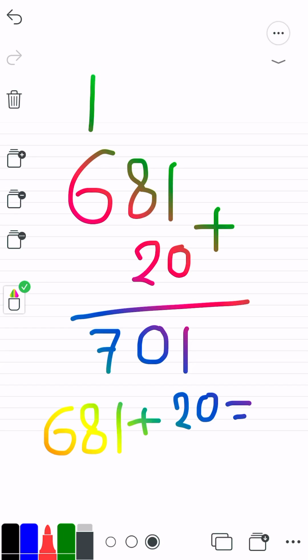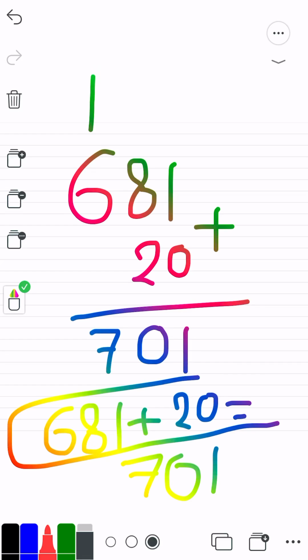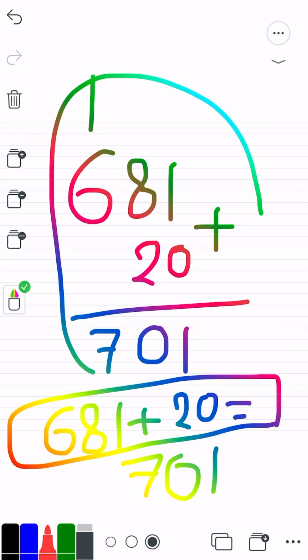Now after 90, we have 100. So 91 plus 10 equals 101. Plus 600 equals 701. So we can use the counting on method or use this traditional method of placing the numbers above each other, and then we group the tens above the next number.